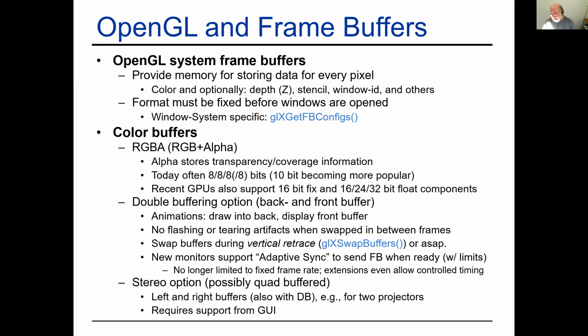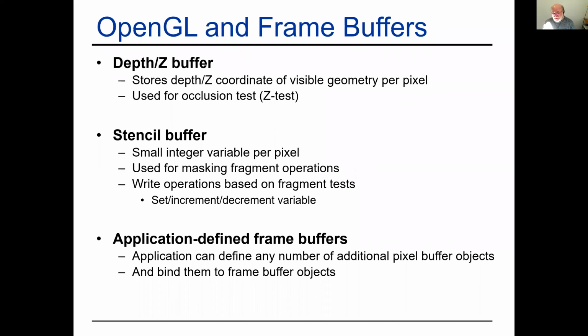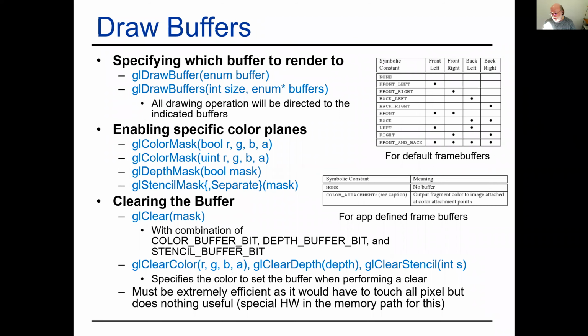And so you might actually end up with 4 buffers just for color. And then, of course, there's the depth buffer, potentially a stencil buffer for doing those stencil operations, and the application can add more buffers.